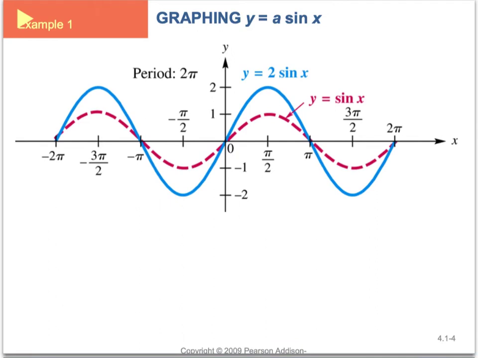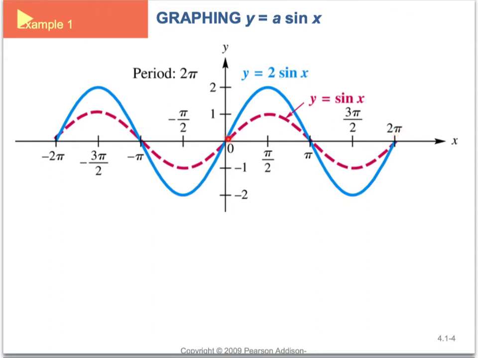Now let's talk about the period of a function. The period is from start to finish one full upward curve and downward curve of the graph. So if we start here at 0, 0, and we go up to the maximum, and then we come down, we cross the x-axis, come down to the minimum, and come back up to 0, that is one full period.